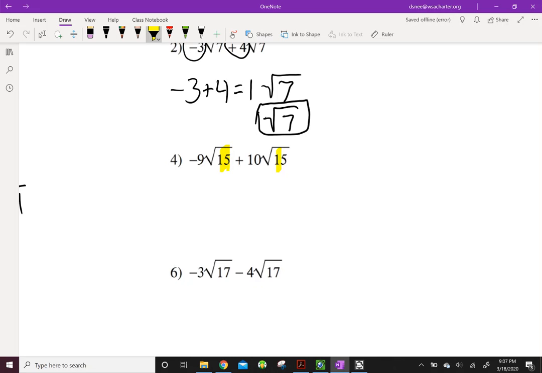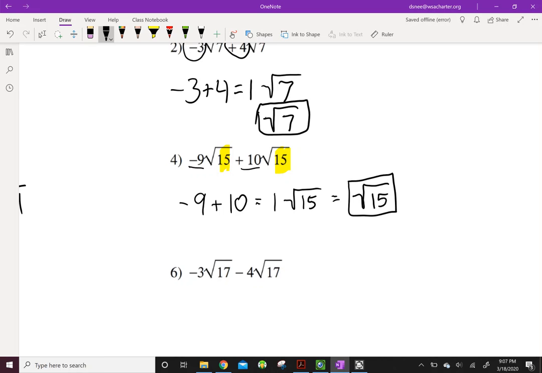Here again, same radicand, so I can combine these coefficients, the negative 9 and the positive 10. And 10 minus 9, or negative 9 plus 10, is 1. Copy the square root of 15, and that's equal to the square root of 15.